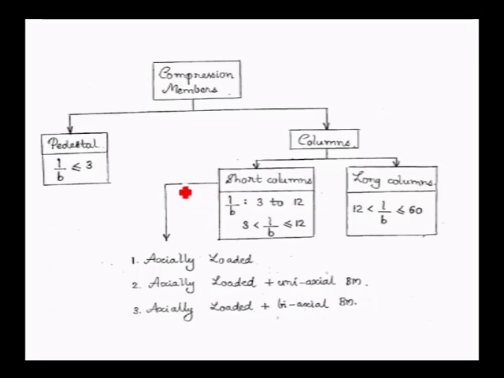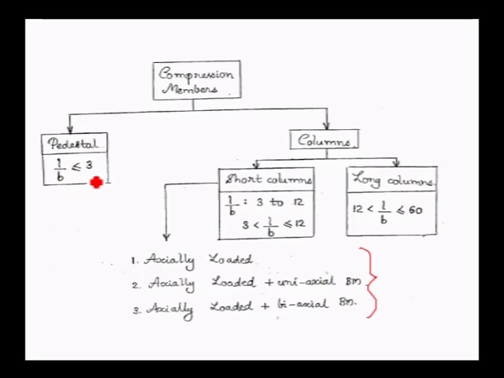And again these columns may be axially loaded plus uniaxial bending moment, or axially loaded plus biaxial bending moment. This we will discuss in this session in detail. Another classification of this compression member related to RCC is pedestal.